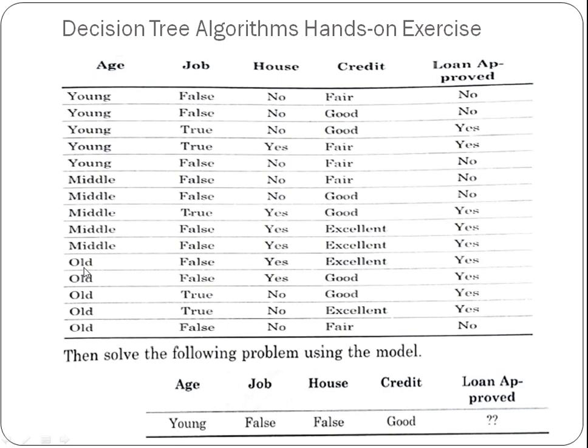And next, if I use the rule old, yes, you can see the first 4 records the rule will work fine. In the last case it will fail. So what would be the error? 1 out of 5. So in case of young we got 2 out of 5 error, in case of middle 2 out of 5 error, and in case of old we got 1 out of 5. So how many total errors for the attribute age? 5 divided by 15. I will show you the Excel workout of how I have done it.